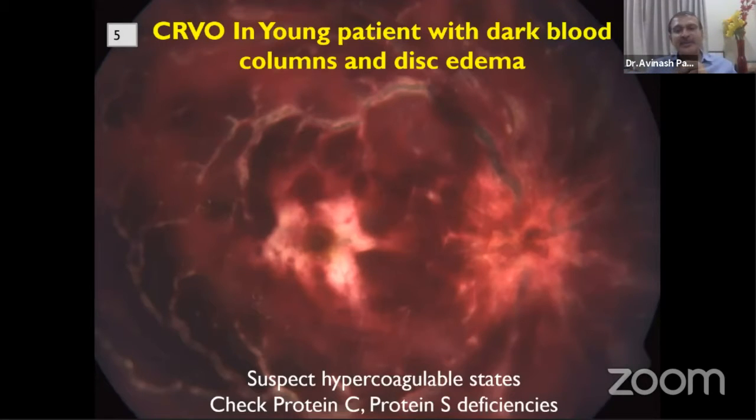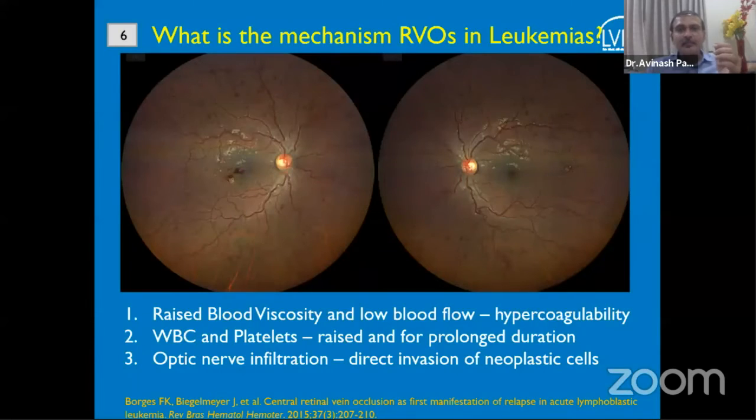So check for protein C and protein S deficiency, especially if they come with disc edema. The next condition, like I mentioned, is leukemias. The mechanisms by which they develop vein occlusions are raised blood viscosity, increase in WBC and platelets, and above all, optic nerve infiltration.